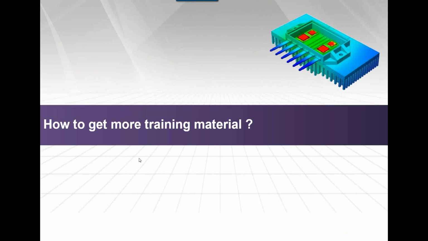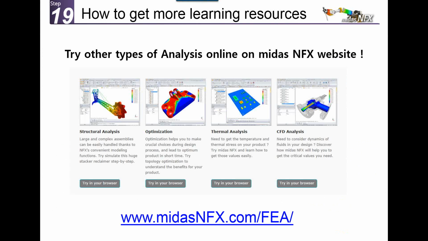Now, how to get more training material on the software, and how to get more online experience. So if you want to test the other features of the software, so not only the demonstration that I did today, you can go on this page, midasnfx.com/FEA, and then you will be able to try online in your browser these 4 different types of experience.